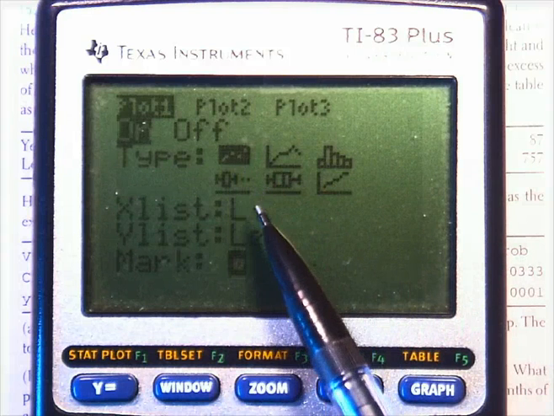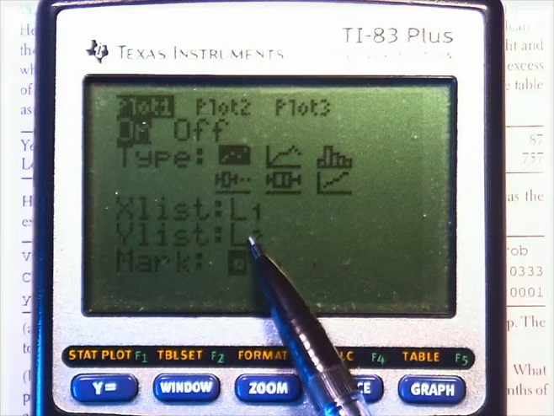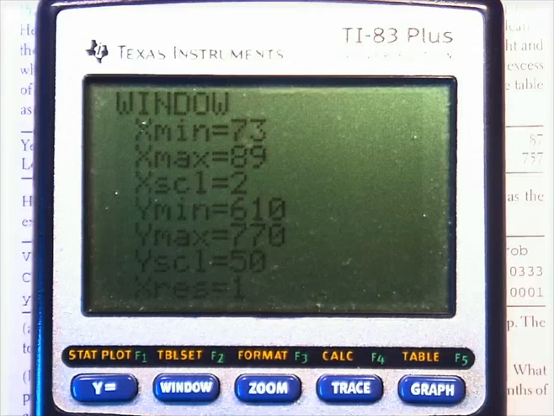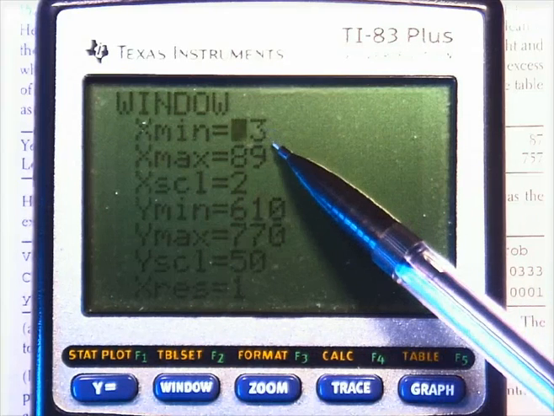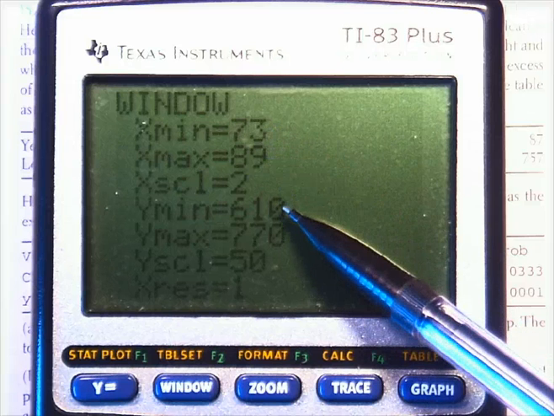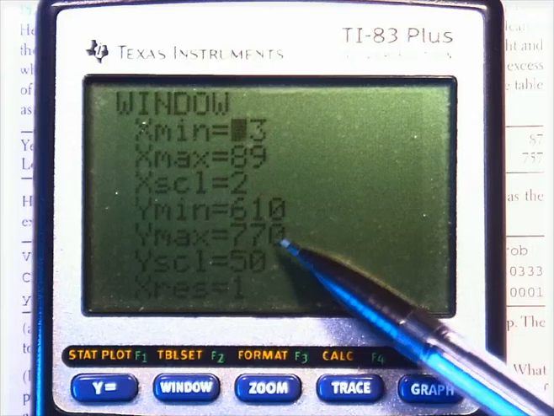I put my data into list 1 and list 2. I looked at the one variable statistics, although frankly you can just look at the table to find good minimums and maximums for x and y. So here is the window I'm using. Again, I just got these by inspecting the table that was in the book. I use these as the minimum and maximum year, and these are the minimum and maximum y values so that I can get a good graph.